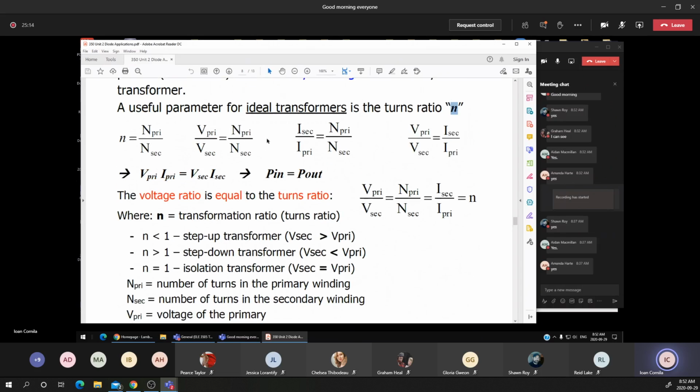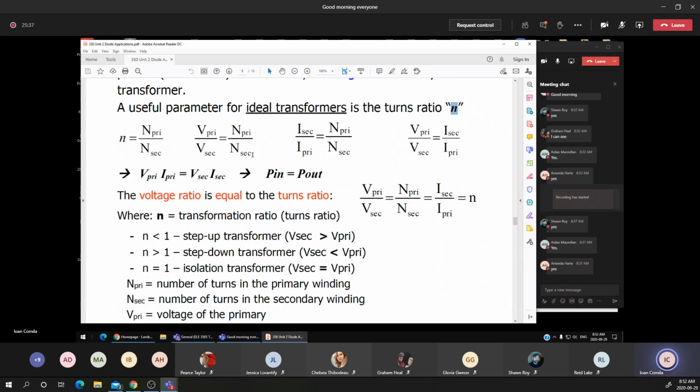Always, the number of turns in the primary winding is directly proportional to the voltage applied to it. That means I can make the ratio of the two voltages, the voltage in the primary winding over the voltage in the secondary winding, equal to the number of turns in the primary winding over the secondary winding.